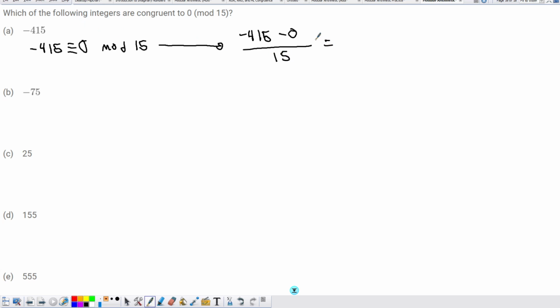The 0 goes away, so it's 415 over 15. What we're really doing is checking, is it a multiple of 15? 415 over 15 is about 27.66, not a multiple. So that is not true.